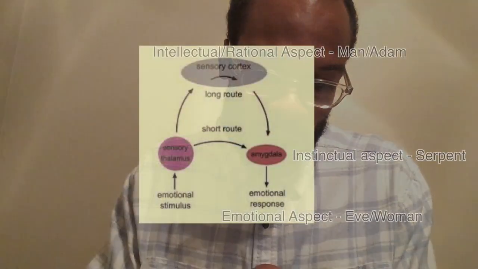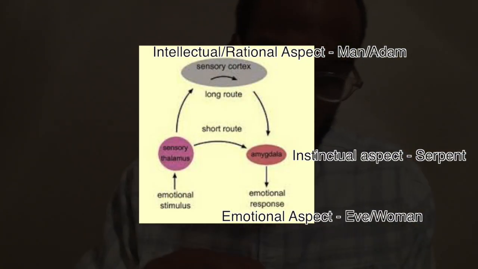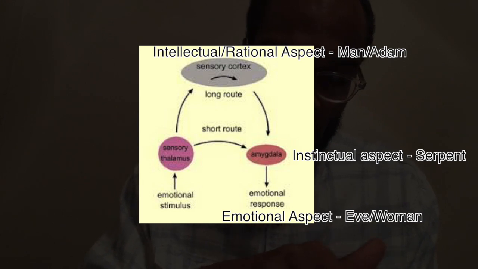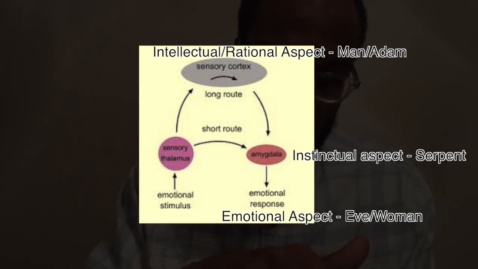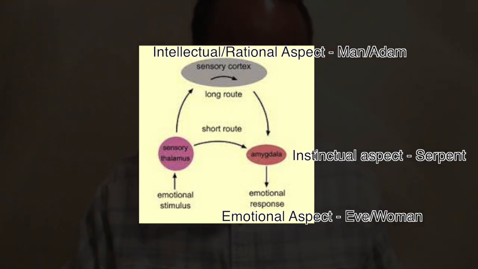So the emotional feminine aspect and the instinctual libidinous aspect, serpent, is what we were talking about when we say the woman is cursed in addition to the serpent, causing enmity to exist between her and it. That's the emotional feminine aspect and the instinctual libidinous aspect, which is the serpent, okay?